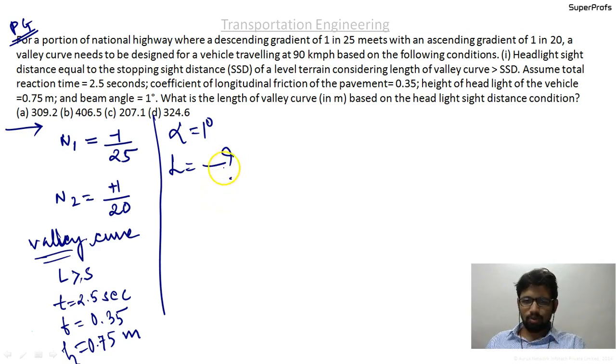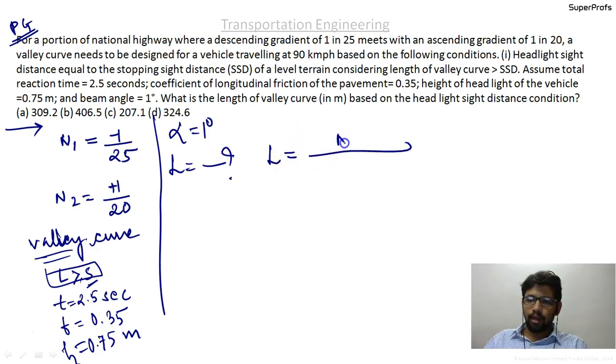What you can see here is that the length of the curve is given to be greater than S. So the formula that we should use is of case 1, and for a valley curve, case 1: L equals N S square upon twice of h1 plus twice of S tan alpha.